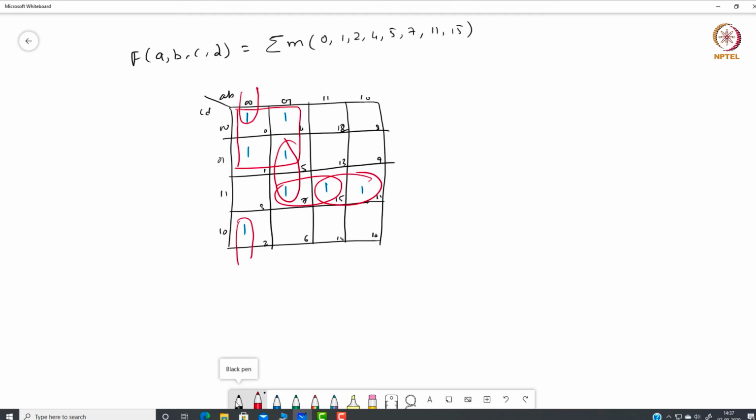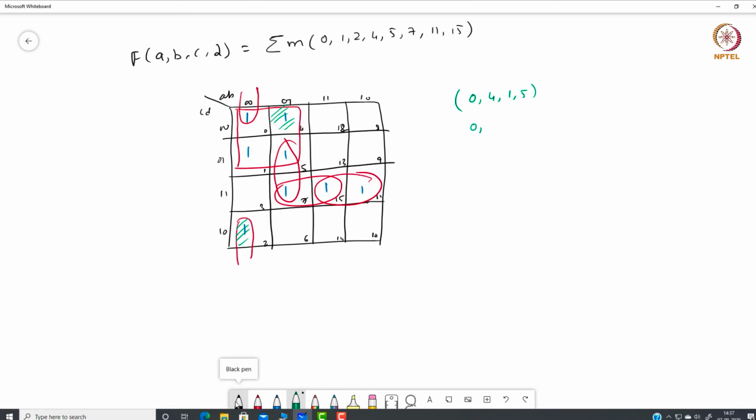Now what are the essential prime implicants? Visually we will see which are the min terms covered by only one prime implicant. Because of this, 0, 4, 1 and 5 become an essential prime implicant, and this is also covered by only one prime implicant.